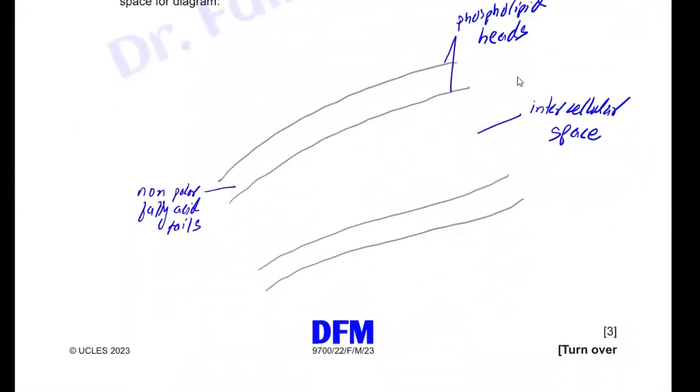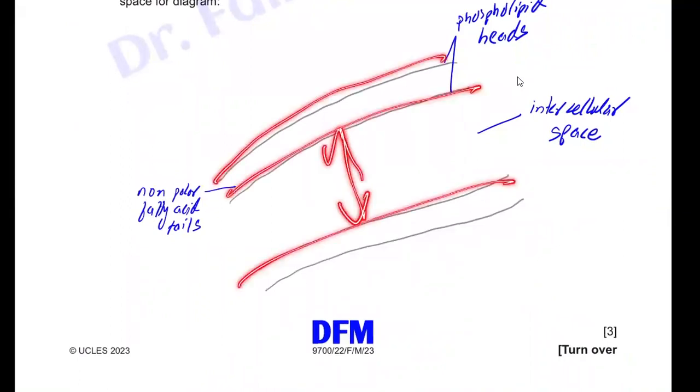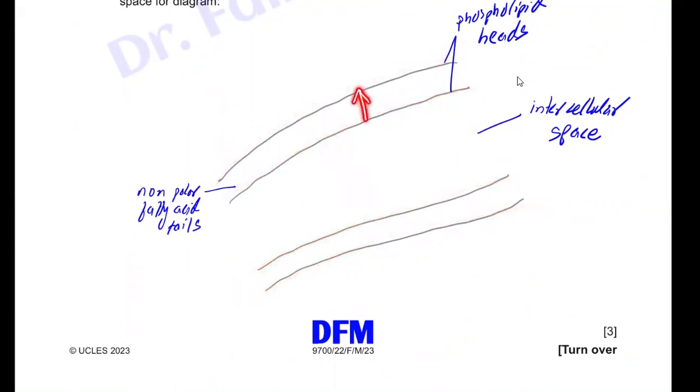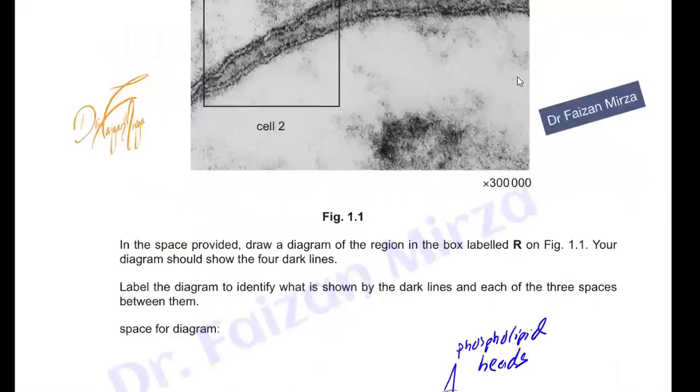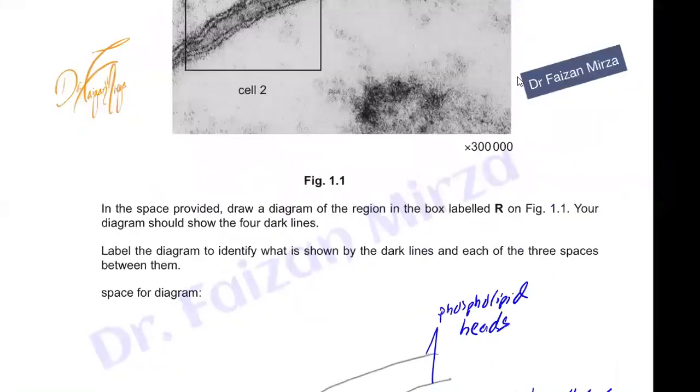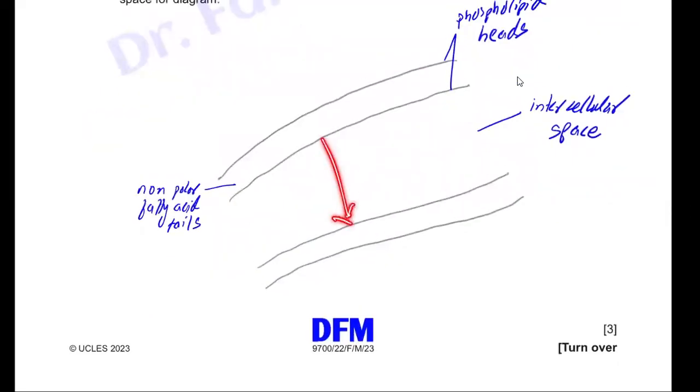In the space for the diagram, you will draw one dark line and the other dark line. Space should be there, and then the dark line, the other dark line. The width of the space between these two dark lines should be almost similar, because this is what's shown to you. The width here and the width here is common, and the width in between these two is much more. So I'll make a diagram relative to the one I have seen above.